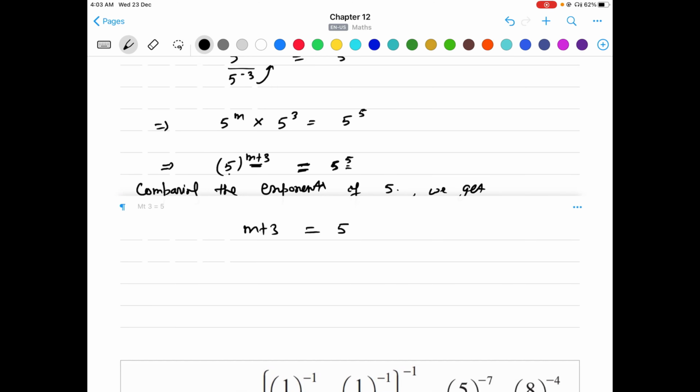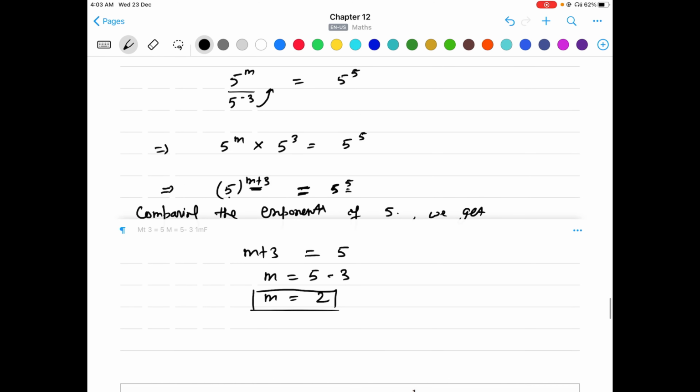So we are comparing the exponent of 5, that means m plus 3 equals 5. So when you solve this, this plus 3 will change to minus 3. Okay, so m will be equal to 5 minus 3, which is 2. So that's the answer for this one.